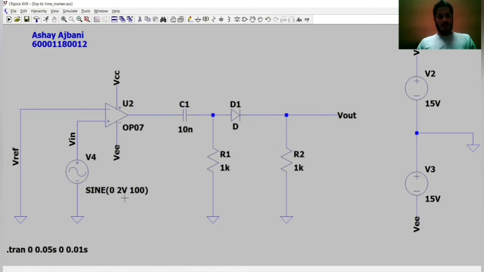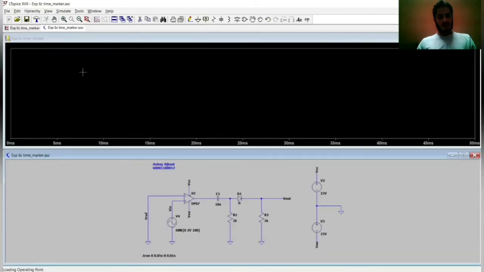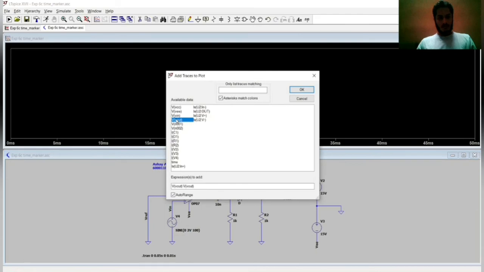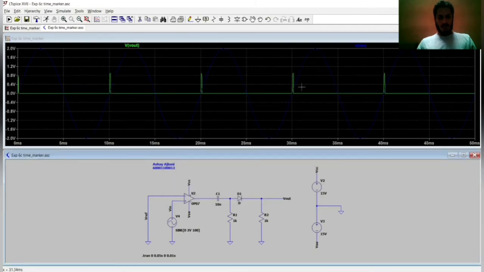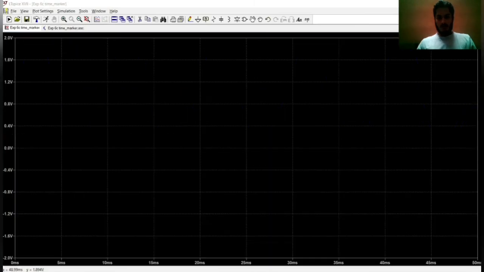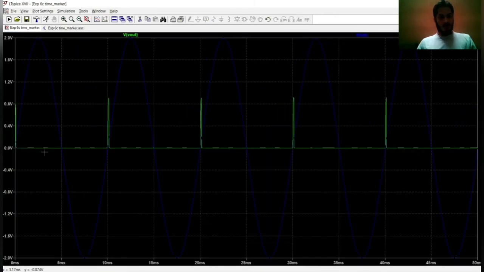I'm giving a sine wave of 2 volts amplitude and a 100 hertz frequency. So let's check the input output waveforms. This is the input output waveform.